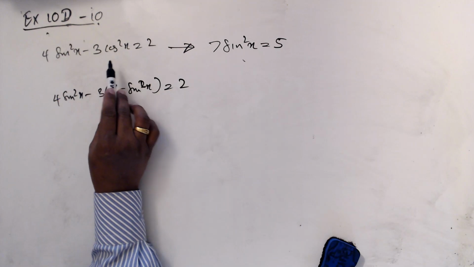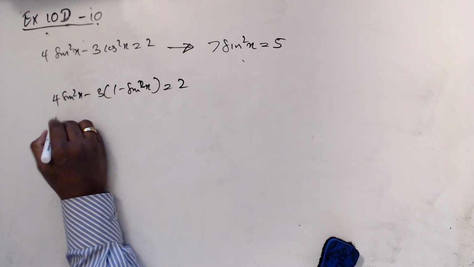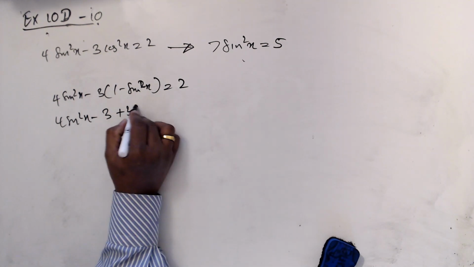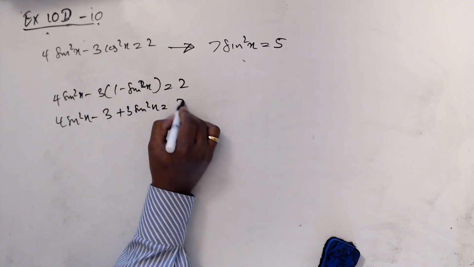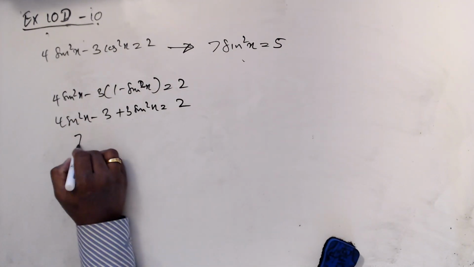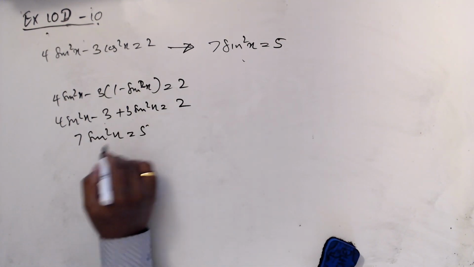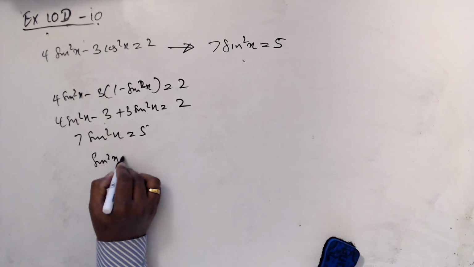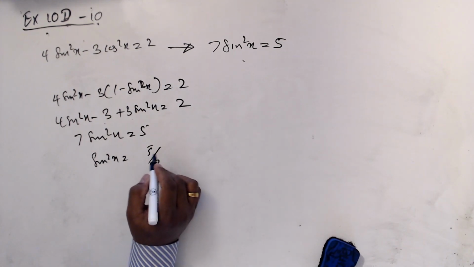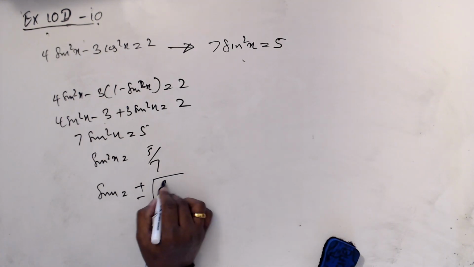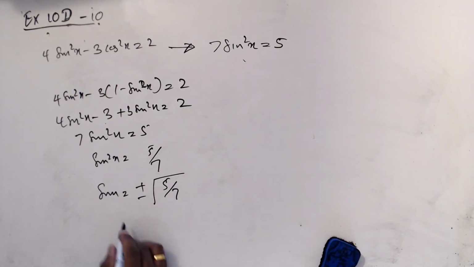I know cos square plus sine square equal 1. So 4 sine square x minus 3 plus 3 sine square equal 2. So this is going to be 7 sine square equal minus 2 plus 2, 5. So sine square x equal 5 over 7. Then sine x equal plus or minus square root 5 over 7.